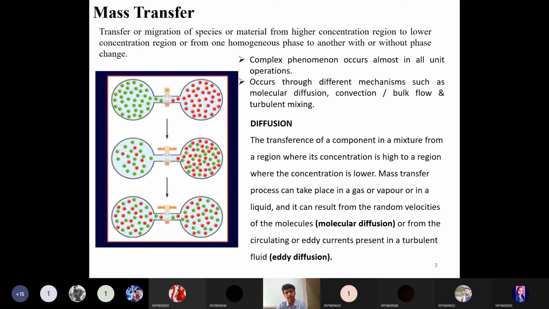Absolute zero means 0 degrees Kelvin. Absolute temperature means Kelvin. So above 0 Kelvin, there will be molecular diffusion. Then the rate of this movement, whenever the molecules are moving from one side to another side, is normally a function of temperature, viscosity of the fluid, and also the size of the particle.